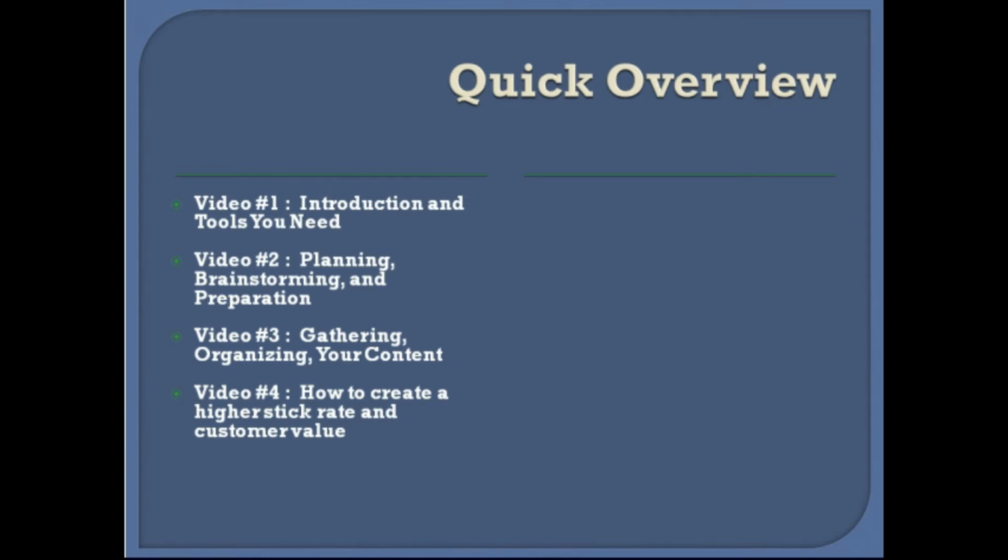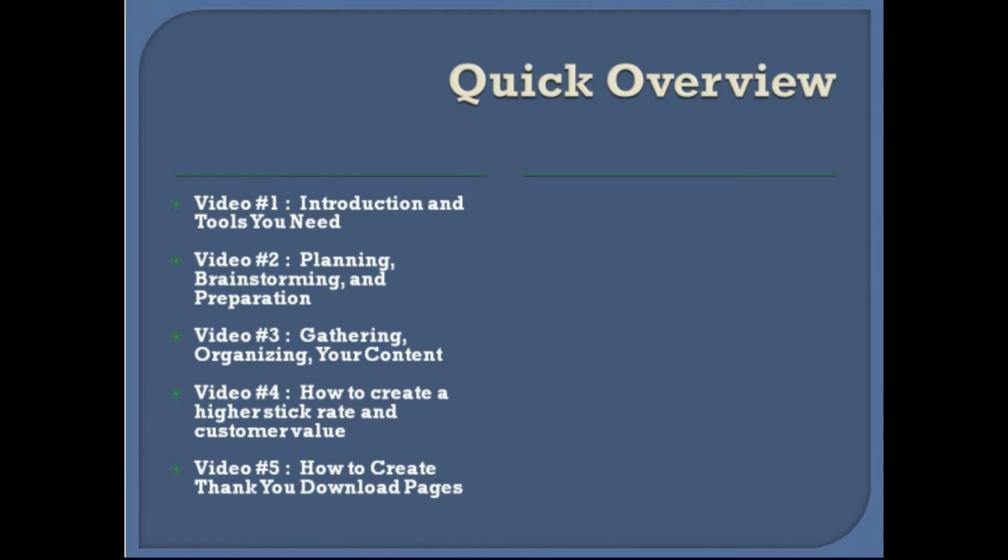Now, a lot of people don't think about this when they create a membership site. They just create it and assume that people are going to stick around. Now, the average dropout rate is usually 3 months and so forth. But there are tricks that you can use to actually get your customers to stay. And I'm going to talk about that in video number 4.